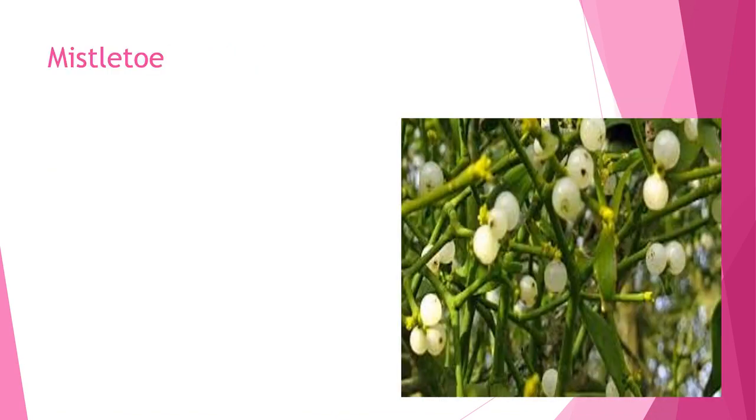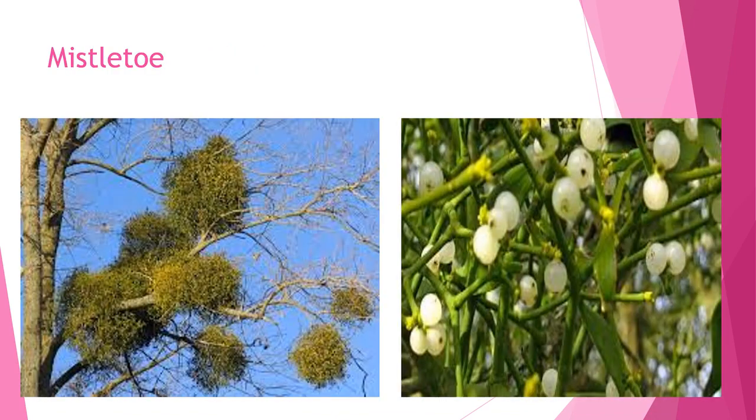Mistletoe. Mistletoe has green leaves. These plants generally grow high on the branches of old trees. They can prepare their own food, but they depend on the host plant for water and minerals. So they are called partial parasites.